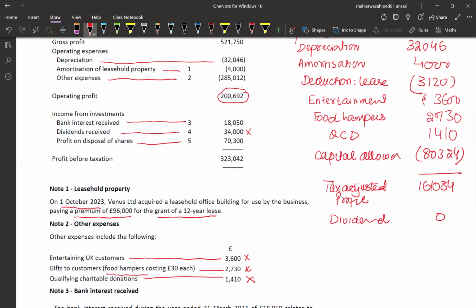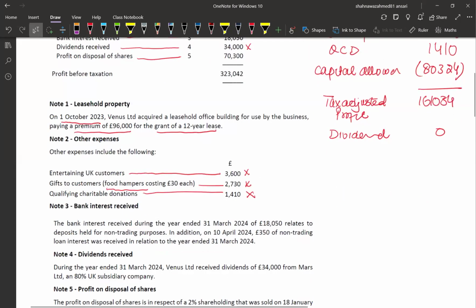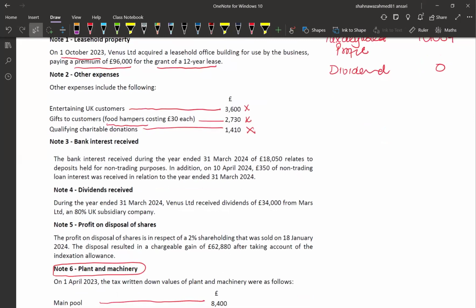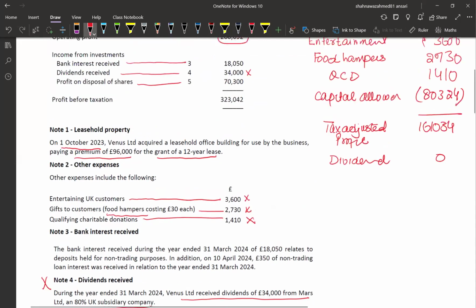Profit on disposal of shares, 70300. So this dividend was received from a group company. Dividend is always exempt figure. The profit on disposal of shares is against 2% holding that was sold on 18 January. The disposal resulted in a chargeable gain of 62880 after taking into account of indexation allowance.